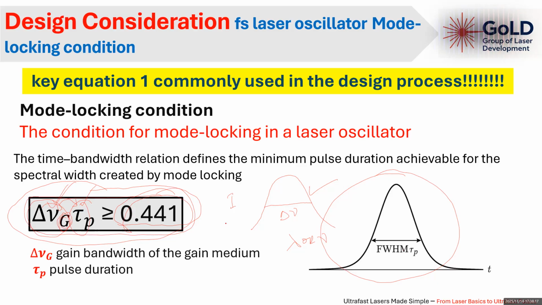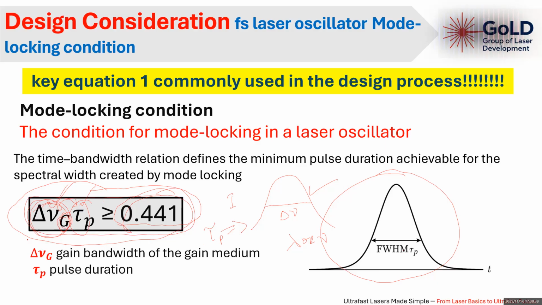If this condition is not satisfied, then mode locking cannot be achieved. Definitely, we assume in the beginning what pulse duration we want, what material we are using, and what is the gain bandwidth of that gain medium.